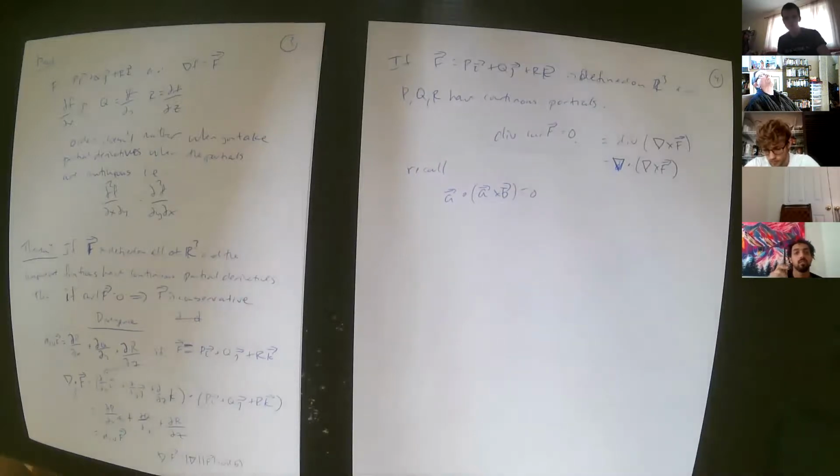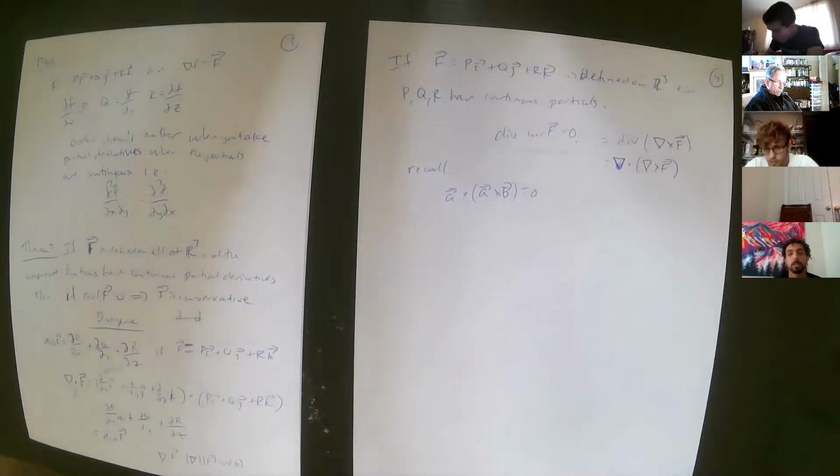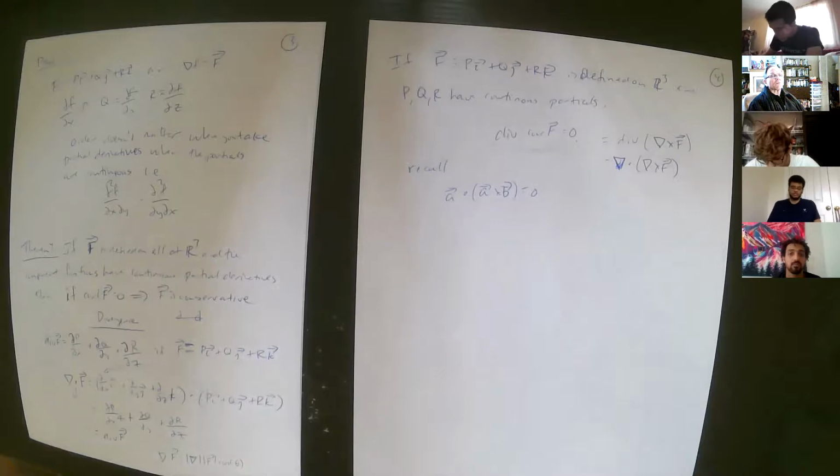Okay. Question. Would it be the same if you dotted it with the gradient of the function? Gradient of the function. No. Like of f, yeah. No, it won't. And why won't it? How do I describe that? First, what function?